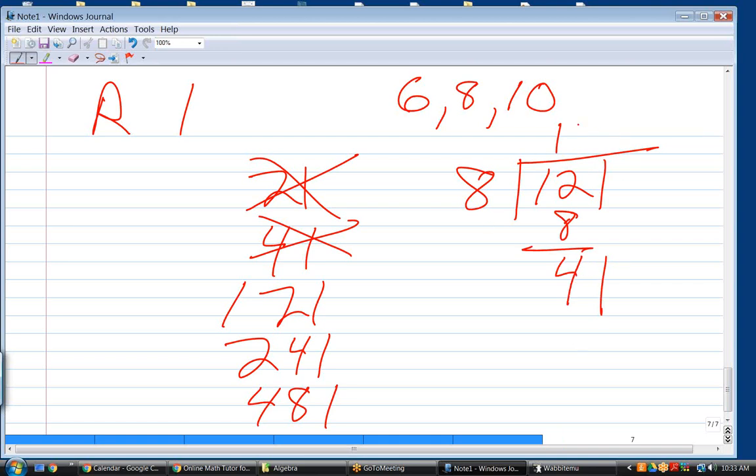How many times does it go? About 5. Yeah, 5, because 5 times 8 is 40. It doesn't quite go 6. But it goes 5. And now I multiply 5 times 8 to get 40. Subtract. There's my remainder. So it works for 8.